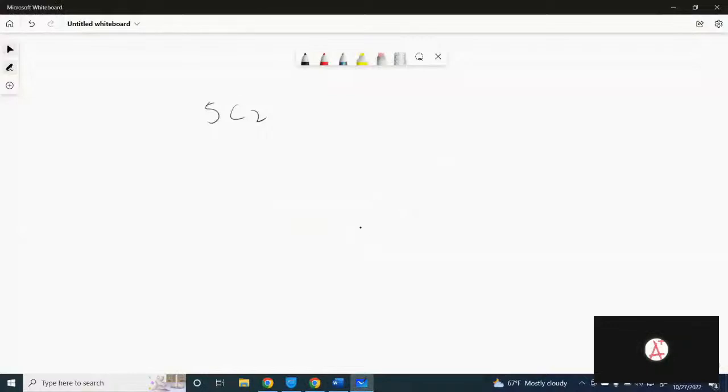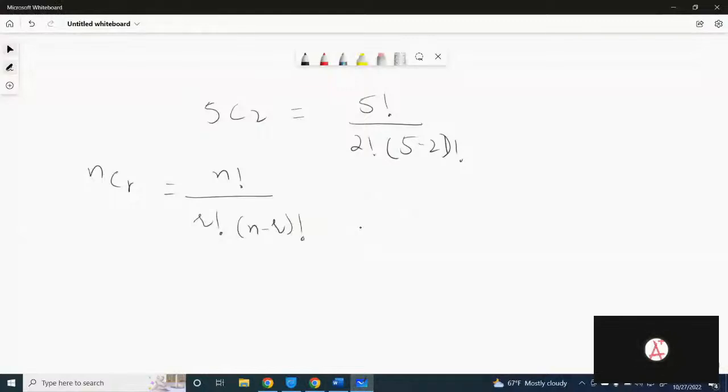The simple way is you can find 5 factorial divided by 2 factorial times 5 minus 2 factorial. Basically, you can represent the combinations as nCr, and the formula is n factorial divided by r factorial times n minus r factorial. This number is n, this number is r.